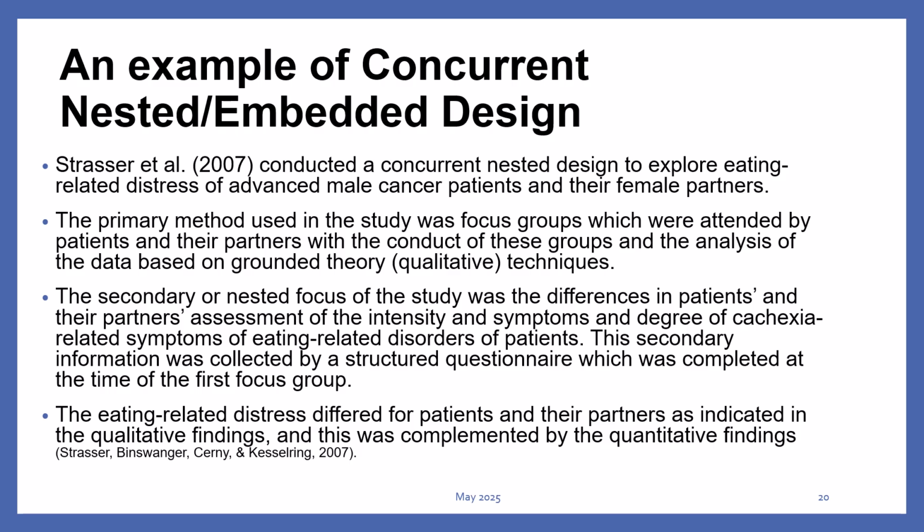Here the researchers utilized concurrent nested design, whereby the primary method used in this study was focus groups. So the primary, or dominant, method is the qual method. These focus groups were attended by patients and their partners, with the conduct of the groups and the analysis of the data based on grounded theory, which is a qualitative technique.